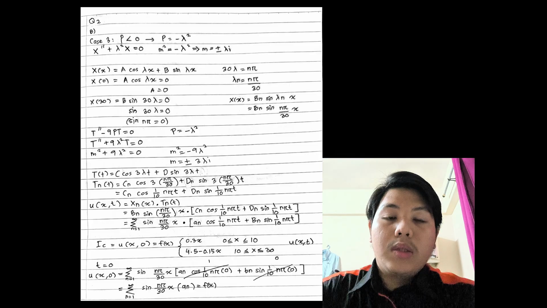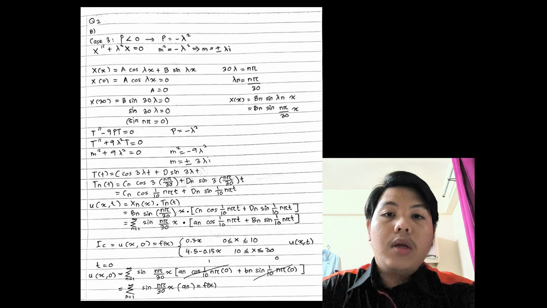For the time equation, substituting p = −λ² into T'' − 9pT = 0 gives T'' + 9λ²T = 0.